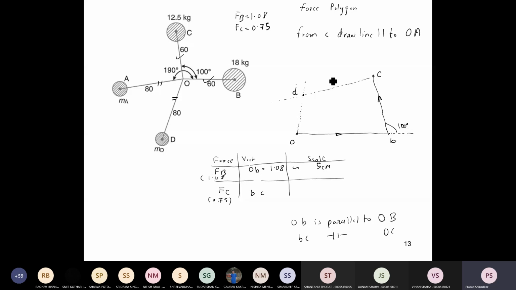So this is FA, that is equal to 0.08 MA, and this is FD, that is equal to 0.08 MD.